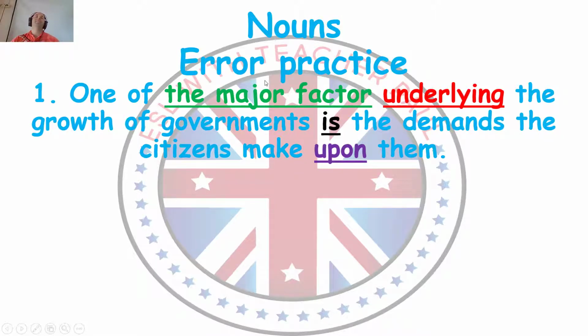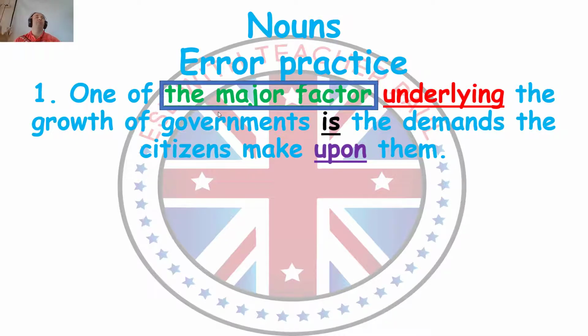Now this one is quite simple actually. It could be a bit trickier because there are two that might be it, but one for sure we know is an error. And it's the green, the major factor. The reason why is we say one of something. If we have one of something, we can usually know that there are more. One of the boys.